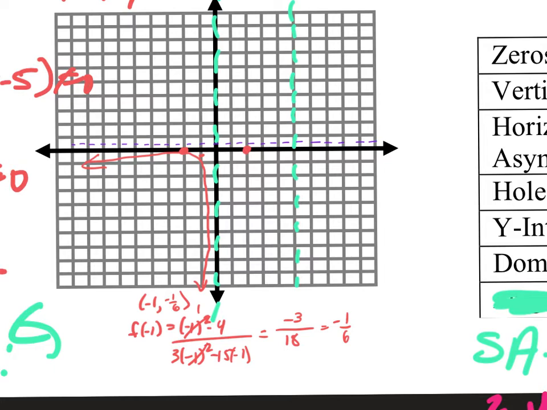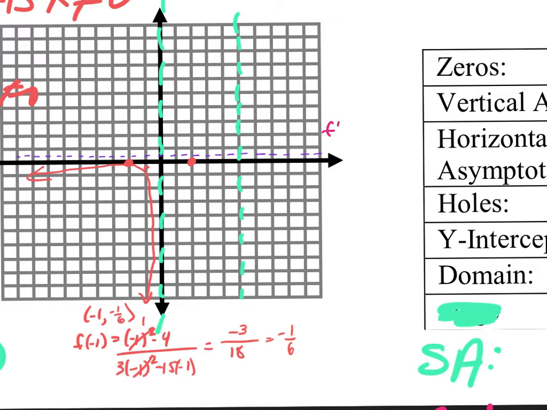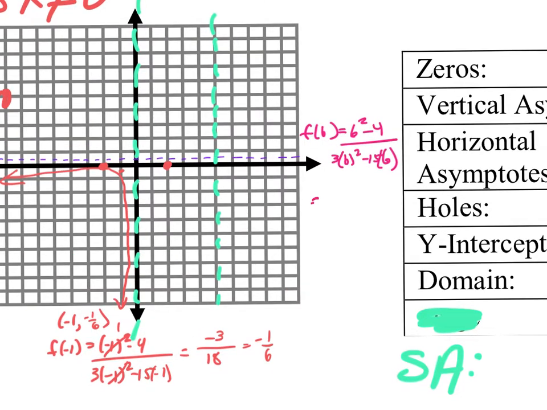Okay, thank you. So if we're going to pick 6, I'll do this over here. We'll do f of 6. So it's 6 squared minus 4 over 3 times 6 squared minus 15 times 6. Is that correct? My screen's not letting me go back and forth. Okay, so I have 36 minus 4 over 6 squared is 36.